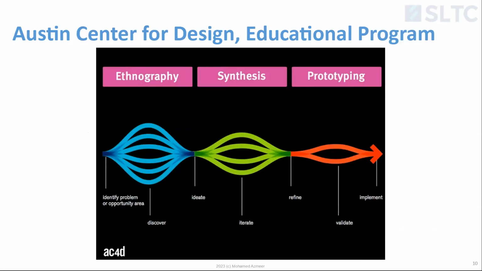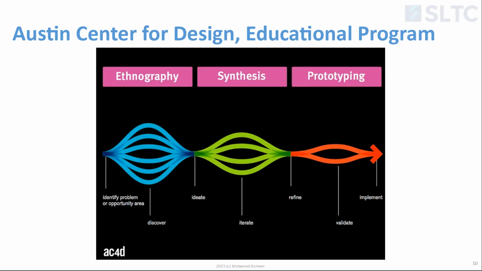Here's another idea. We are still talking about design thinking, okay? So this is coming from the Austin Center for Design education program, right? So they say, like a spiral, there are lots of different things vertically. So first, you identify the problem opportunity area.